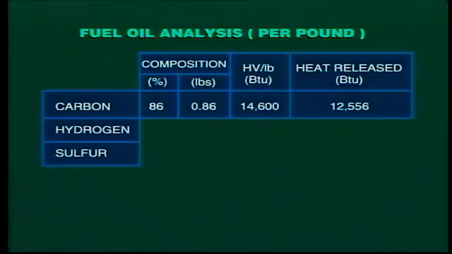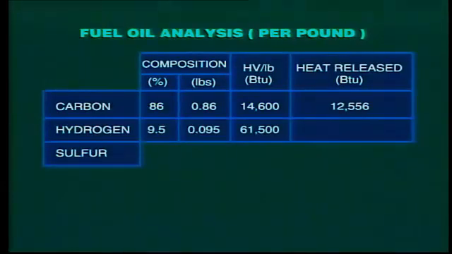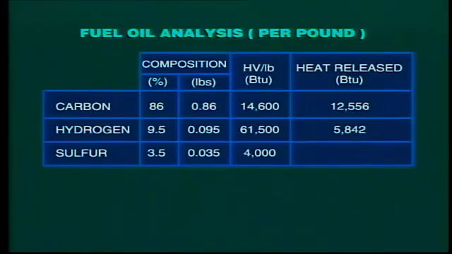12,556 BTU. The hydrogen content is 0.095 pounds, and we find that this releases 5,842 BTU when completely burned to H2O. The sulfur content in each pound of fuel is 0.035 pounds, and multiplying this by 4,000, we find that the heat content for sulfur is 140 BTU.